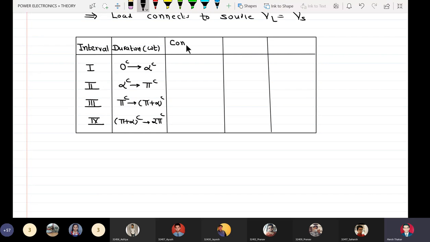Conducting pair: T2 D1, alpha to pi is T1 D1. Here it is T1 D2. Here it is T2 D2.